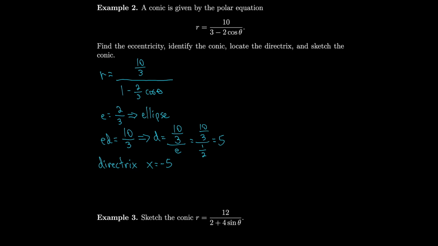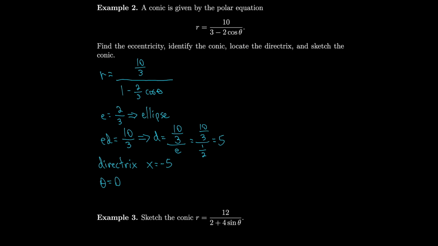So all we need to do now is figure out where our vertices are. Well, our vertices are along the x-axis because the directrix is an x equals line. So we should know where theta is 0 and where theta is pi. That'll put us on the x-axis. So theta is 0. If we plug that in, then we get 10 over 3 minus 2 times cosine 0, which is 1.